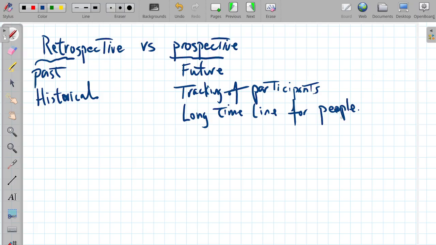Good enough. So, prospective studies looking forward has a long timeline, requires tracking of participants, and it's actually not a bad way to get temporally relevant data. You're saying, well, that's a loaded phrase.